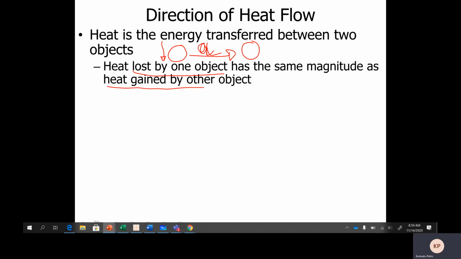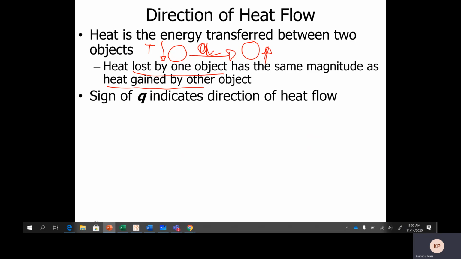Yes, the temperature will decrease in the object which loses heat energy, and the temperature of the other object which gained the heat will increase. If an object gains heat energy, its temperature will go up, and if an object loses the heat energy, its temperature will go down.